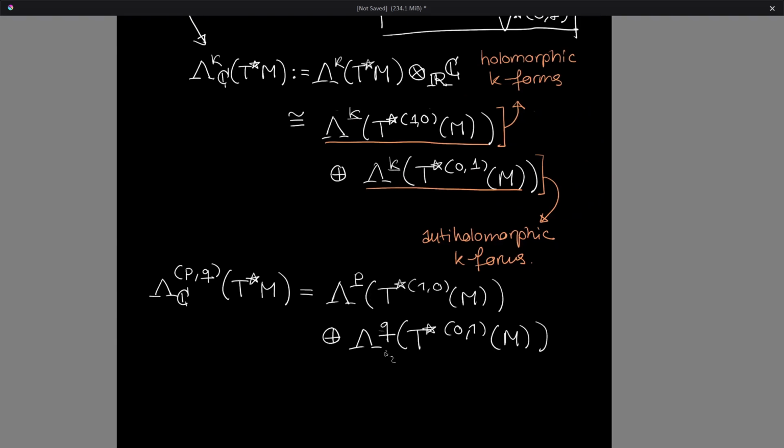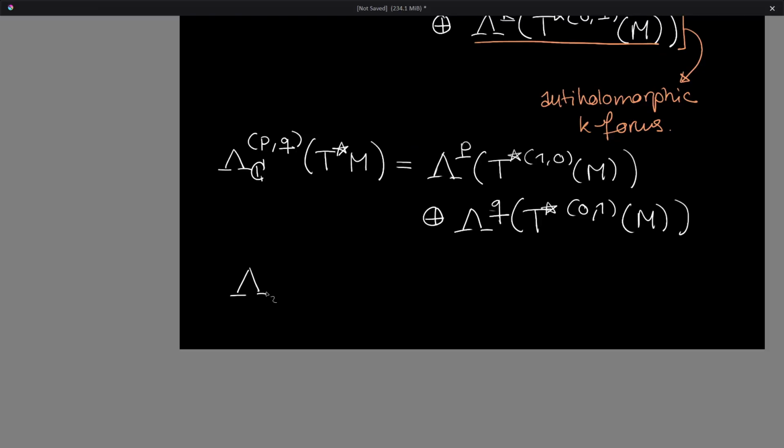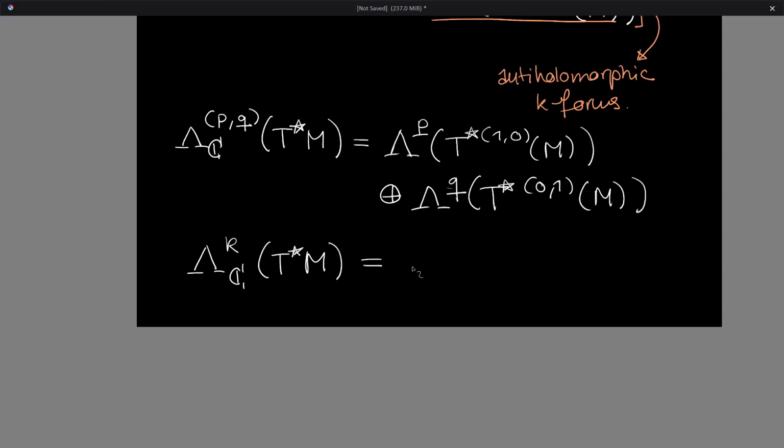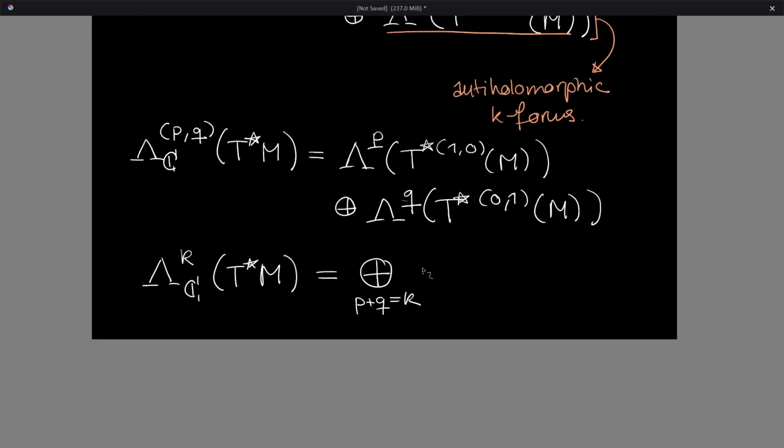And in general, lambda k C of T star M is equal to the direct sum over P plus Q equal to k of this space. Let me just write it out.